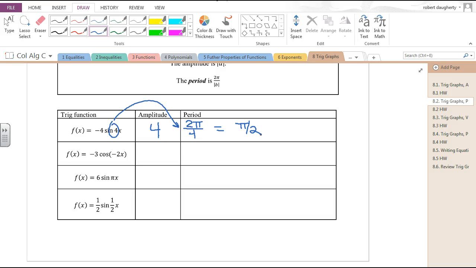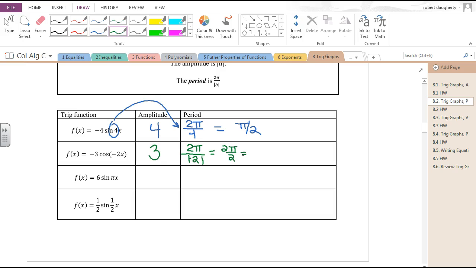So, what's the amplitude of the next one? 3. The period is going to be 2 pi divided by the absolute value of negative 2. Okay. This is 2 pi over 2. What is that number?